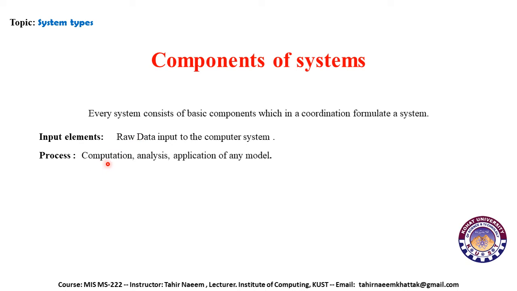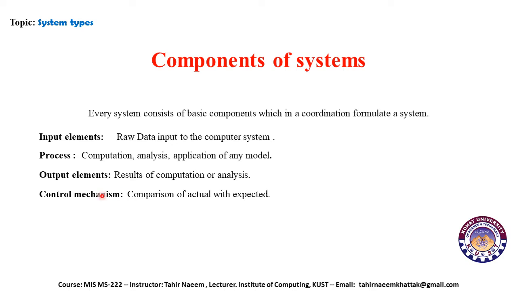Then process: when we insert the data, it is processed, computed or analyzed, or applied regarding any model. Then the output of the system. Output elements are the result of the computation or the analysis. The control mechanism is basically the comparison of what we actually get with the expected or desired value.